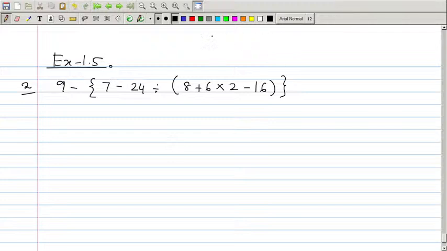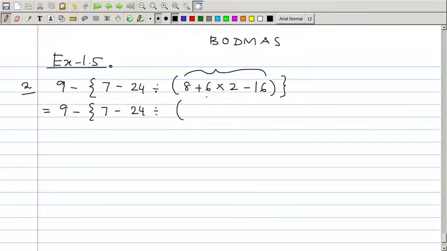So BODMAS rule: brackets, of, division, multiplication, addition and subtraction. So minus 7 minus 24 divided by, now inside the bracket again we have a series. So here I will do the multiplication first.